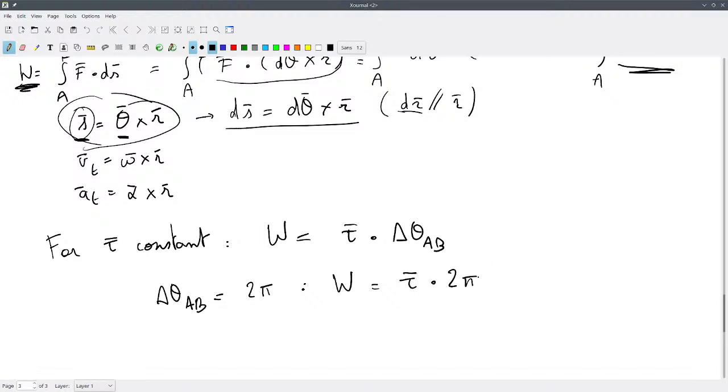And if we just work around the same axis, then I'm just going to use a scalar quantity tau here.